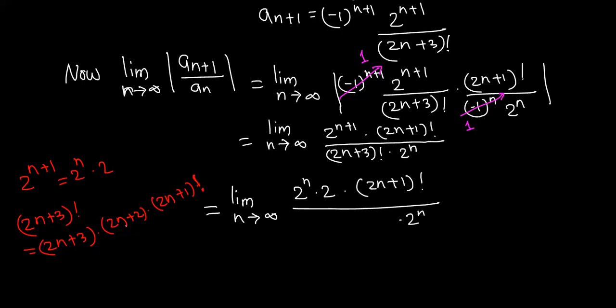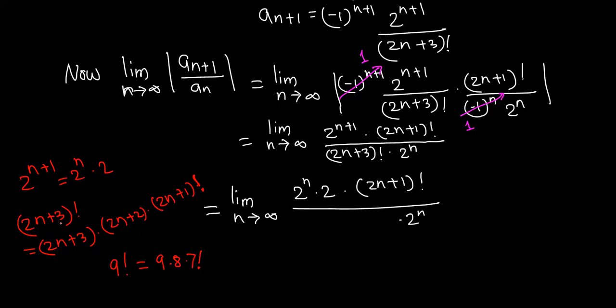We can always do that. Let's say if we have 9!, that's 9 times 8 times 7 times 6 times 5 times 4 times 3 times 2 times 1, but we can stop at 7!: 9 times 8 times 7!, where factorial means 7 times 6 times 5 times 4 times 3 times 2 times 1.